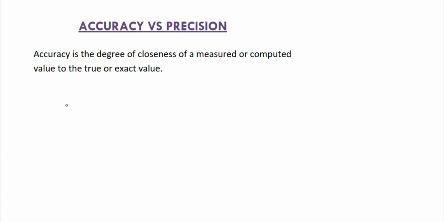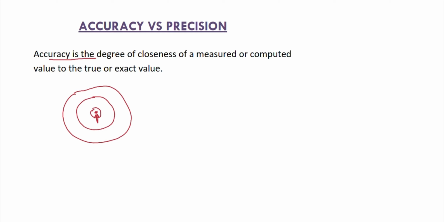So, we'll start with the first concept, that is accuracy. Imagine you are participating in an archery competition and the center of the target represents the true value. Every arrow you shoot represents a measured or computed value. If your arrow lands very close to the center, your result is said to be accurate.